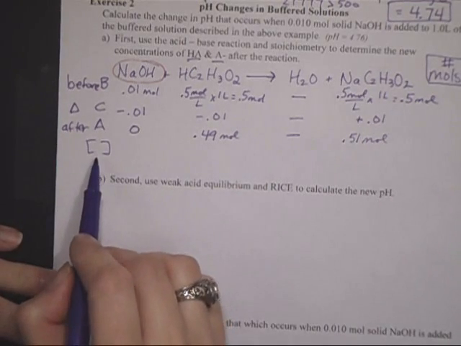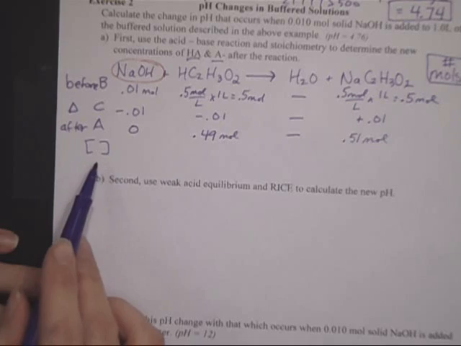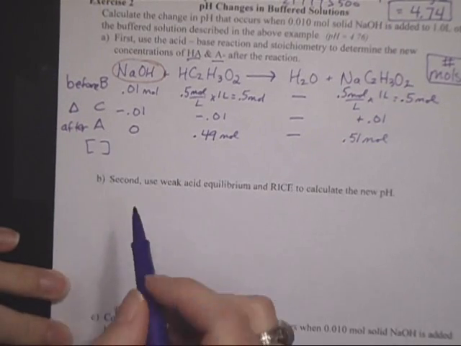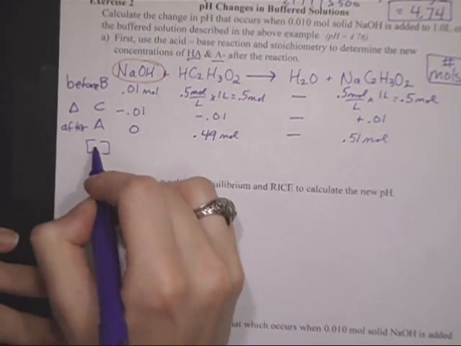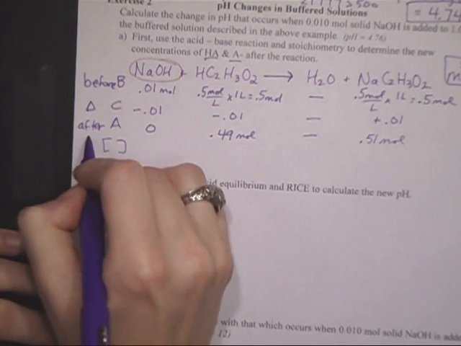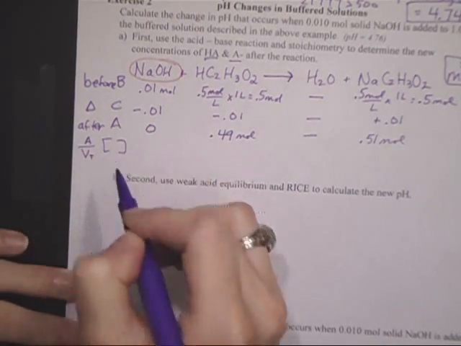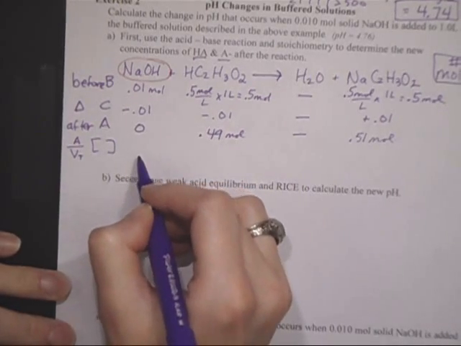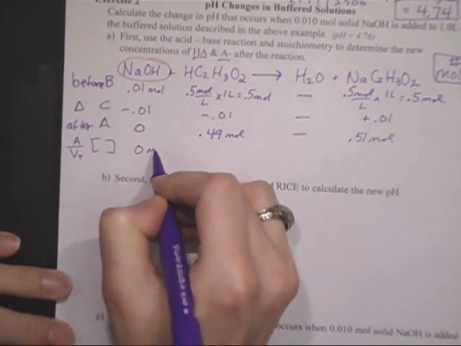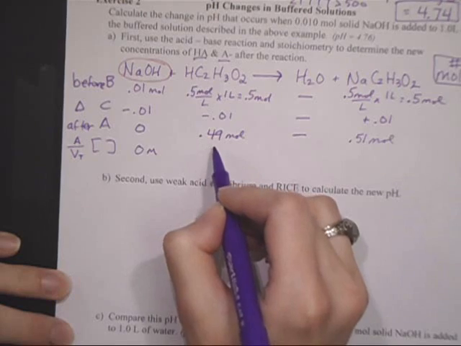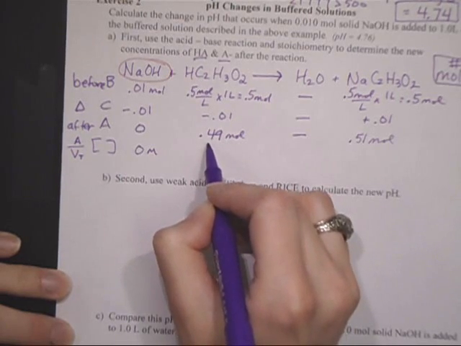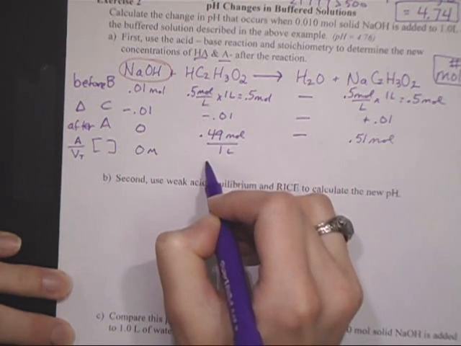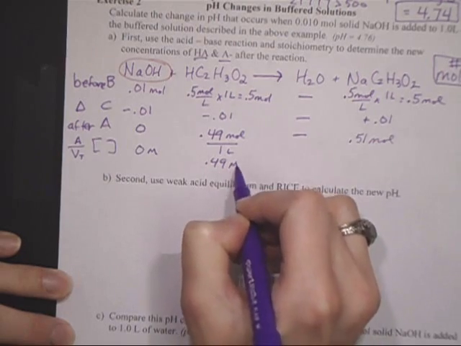I also drew a bracket here, which hopefully you guys remember represents concentration. So to find this, we take the after divided by the total volume in case the volume changed. So 0 divided by 1 liter is still 0 molar. 0.49 divided by 1 liter is 0.49 molar.